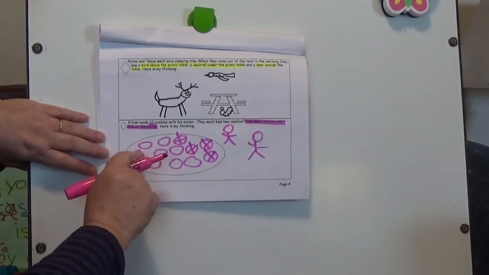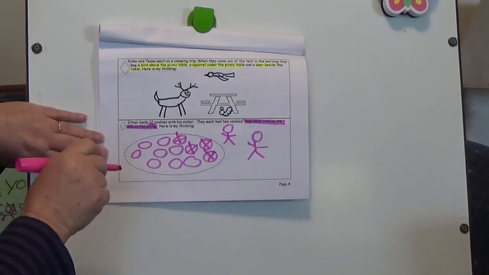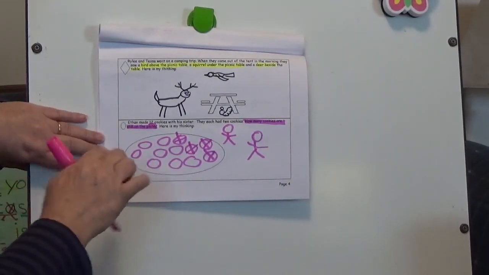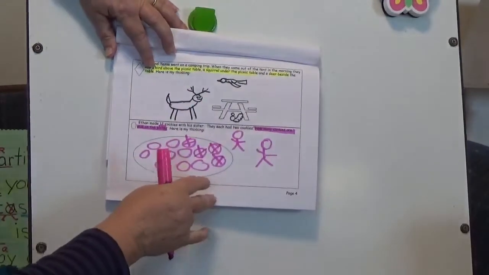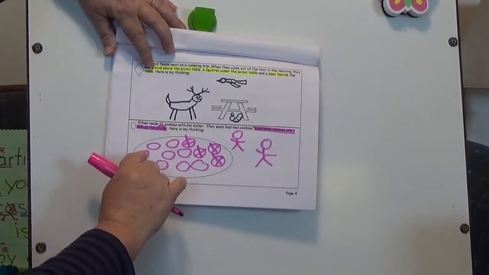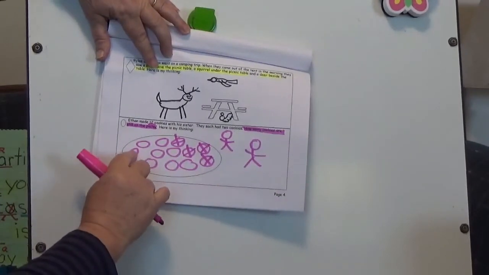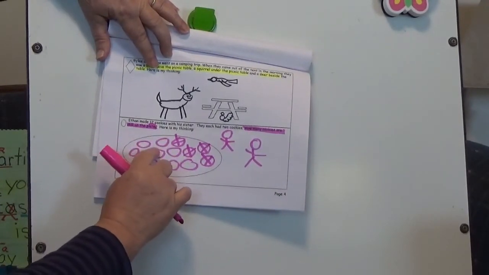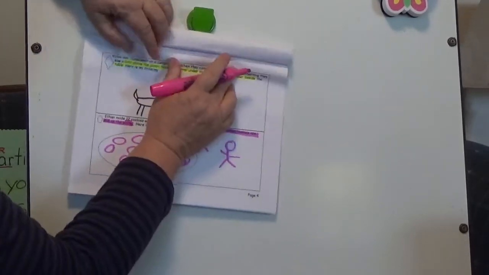Let's count to see. I can't move them as I count, so I'm going to count in an order. Now we're getting too many pages. So I'm going to count the ones here and then kind of try and do almost straight lines. 1, 2, 3, 4, 5, 6, 7, 8. So 8 cookies.